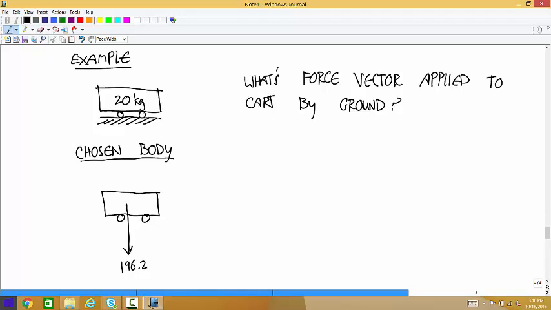So the force is perpendicular to the ground, toward the chosen body, and you can give that any variable name you want. I'll call it n for normal. Normal means perpendicular, so a lot of times people call these normal forces.